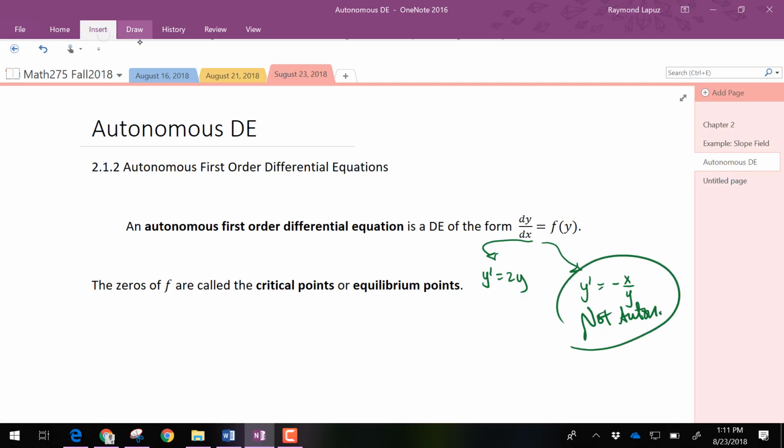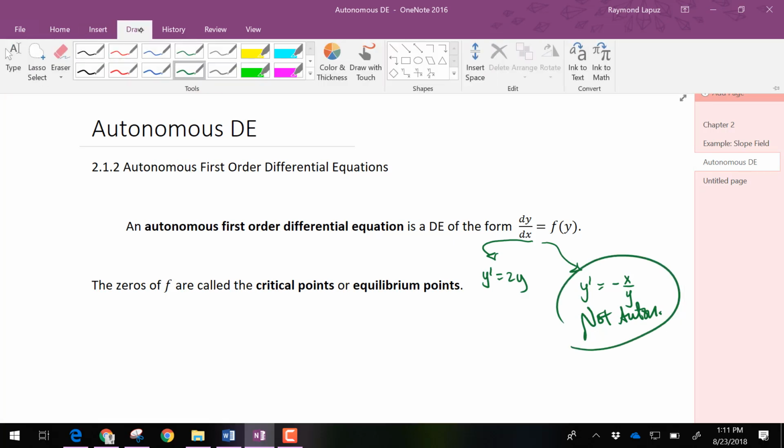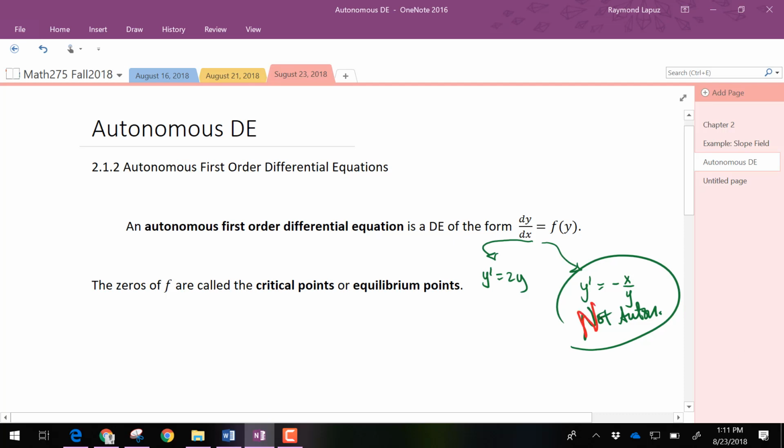Maybe I should put that in red. So I don't know if you noticed something interesting from our first example, the autonomous differential equation. But what they're saying is that the dy/dx is dependent only on y, which means it doesn't matter what x is equal to.